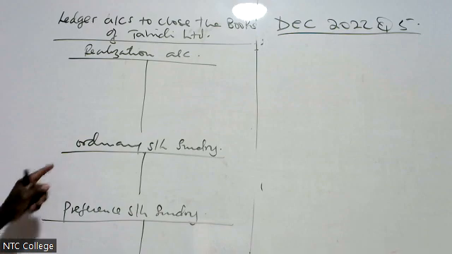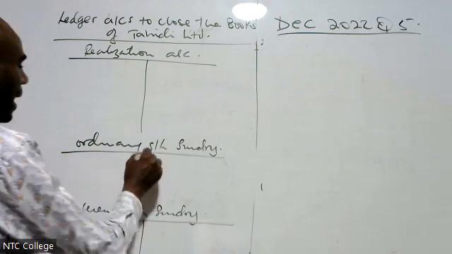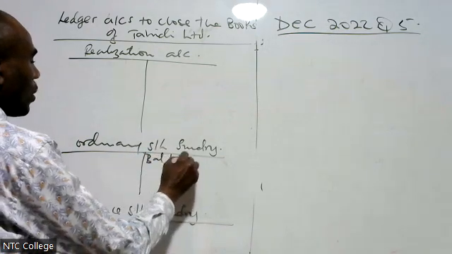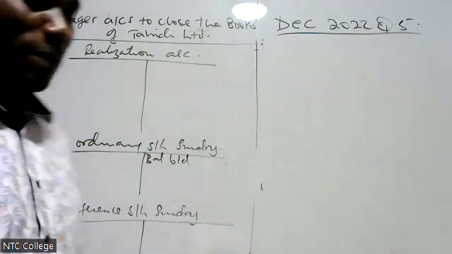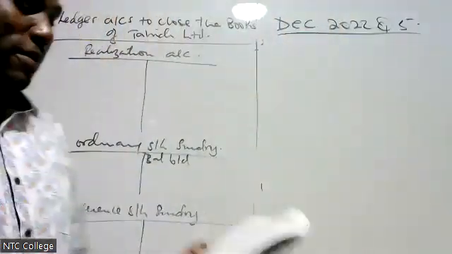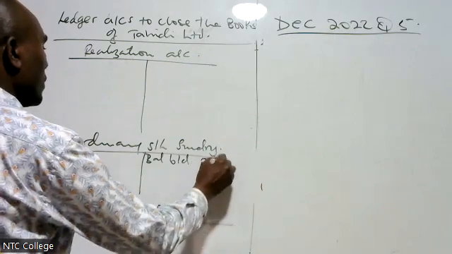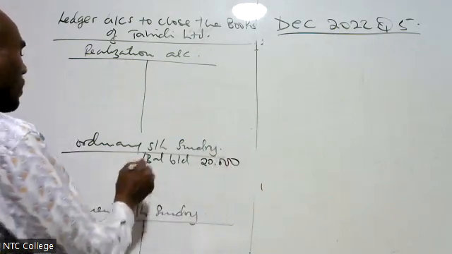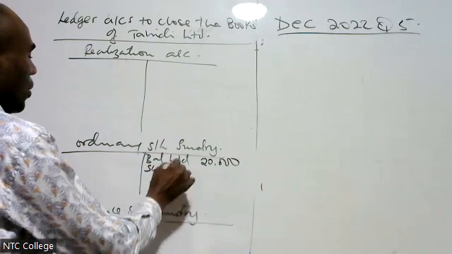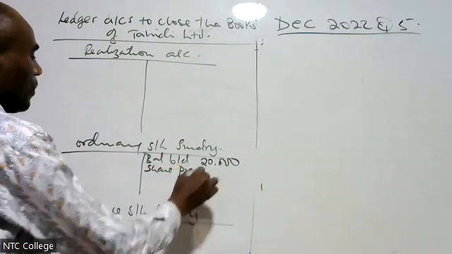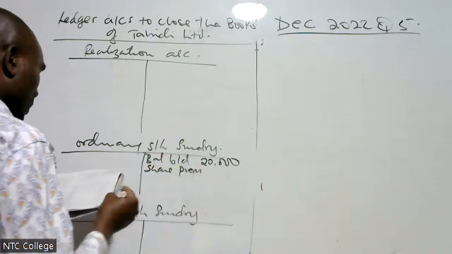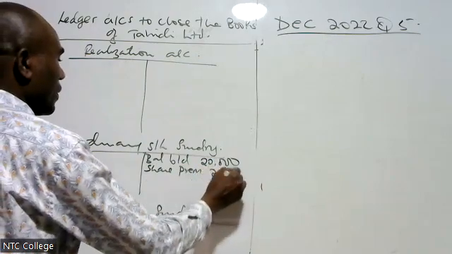Then in the ordinary, you bring down the balance. Balance brought down, you get it from the balance sheet, which is 20,000. Also, share premium belongs to ordinary shareholder. Share premium, which is how much? 2,000.